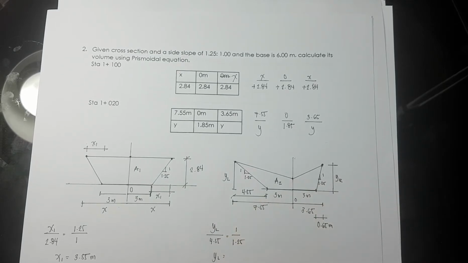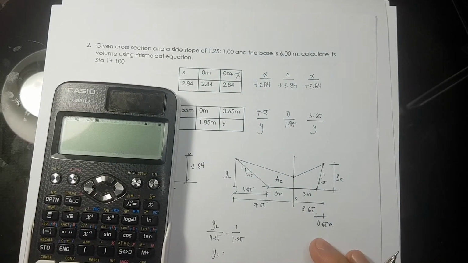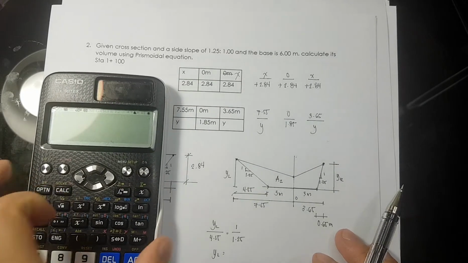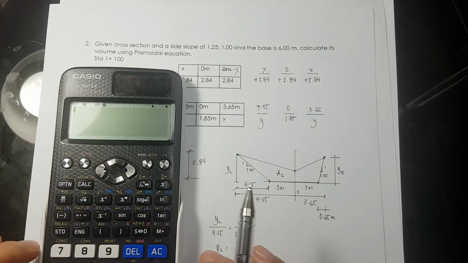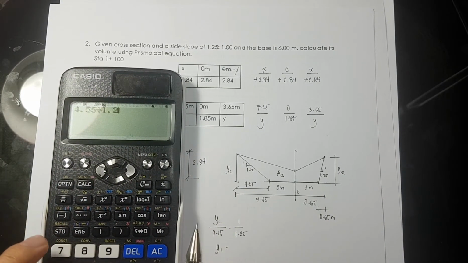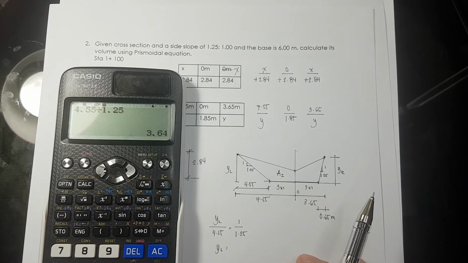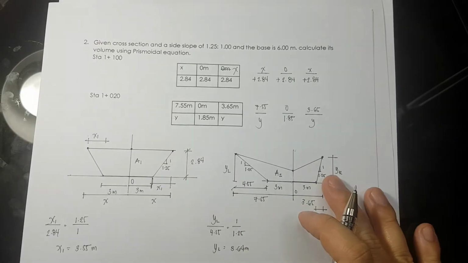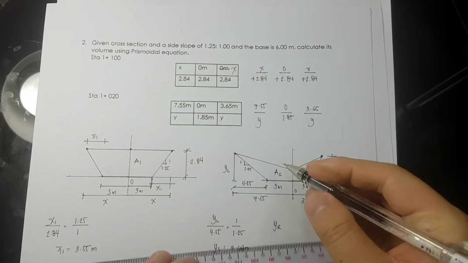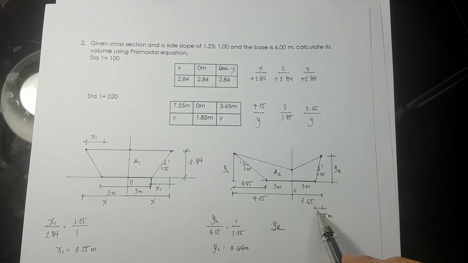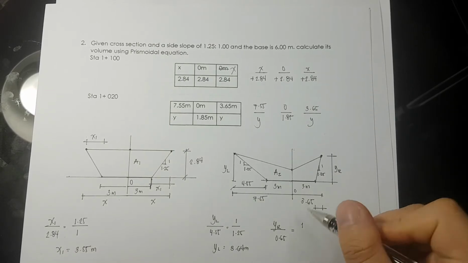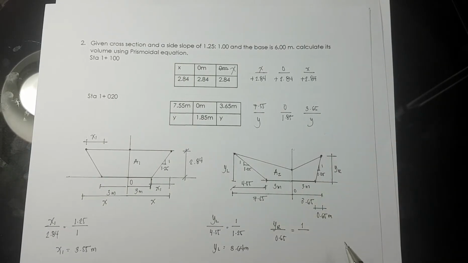Therefore, YL is equivalent to 4.55 divided by 1.25. And that is equivalent to 3.64 meters. Next would be YR. YR, vertical, is to the horizontal of 0.65. 0.65 is equivalent to vertical 1 over the horizontal of 1.25.